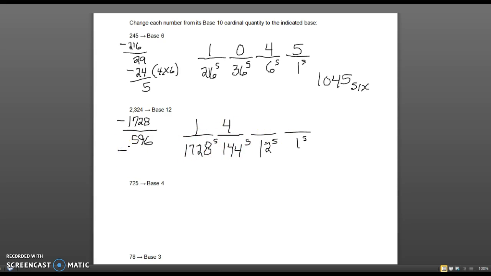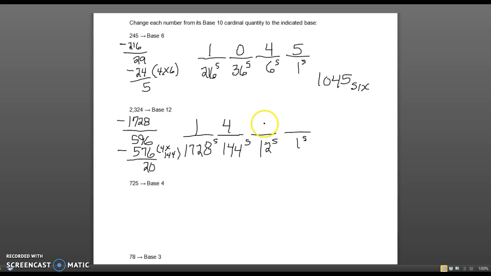So 144 times 4 is 576. So 596 minus 576 is 20. So when I subtract off my 4 144s, I end up with 20 left.